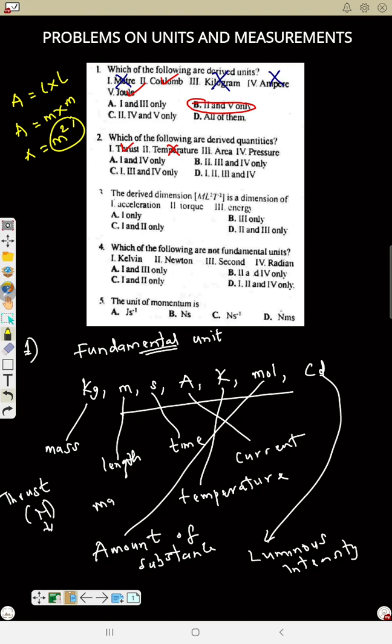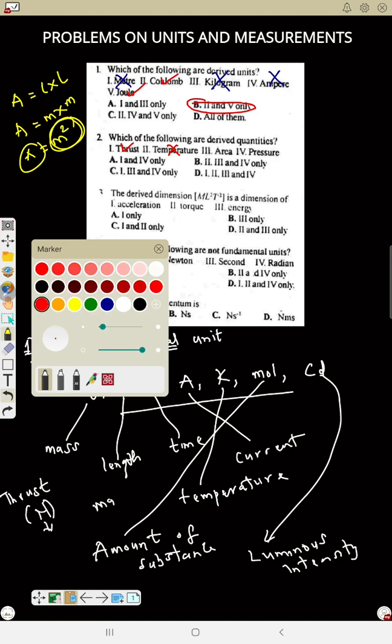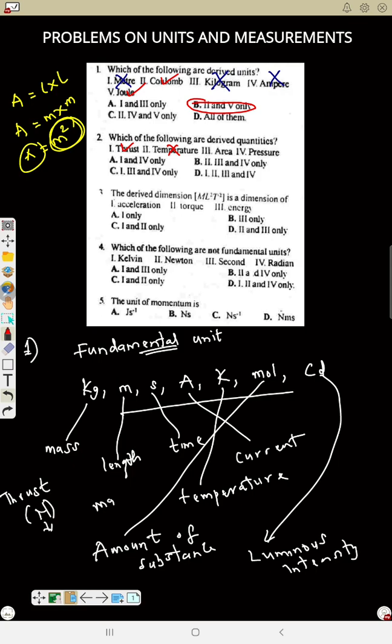Also the unit is derived, and that means area is a derived quantity. Why? Because it's a combination of fundamental quantities, and it is not part of those 7 fundamental quantities, so it is derived.